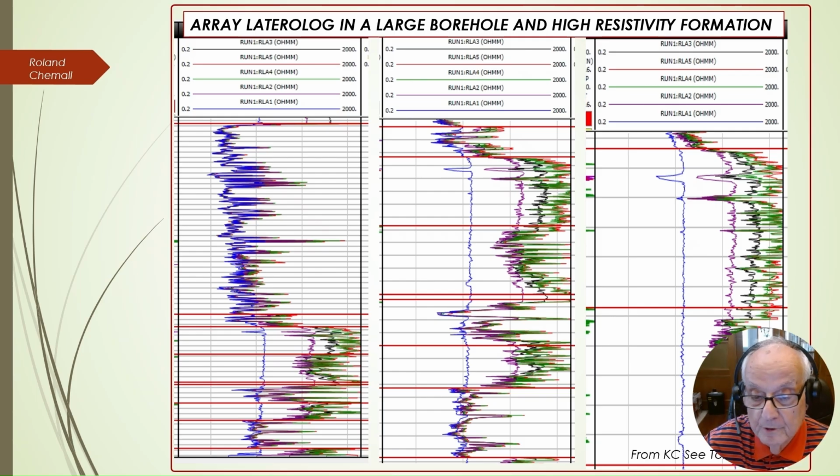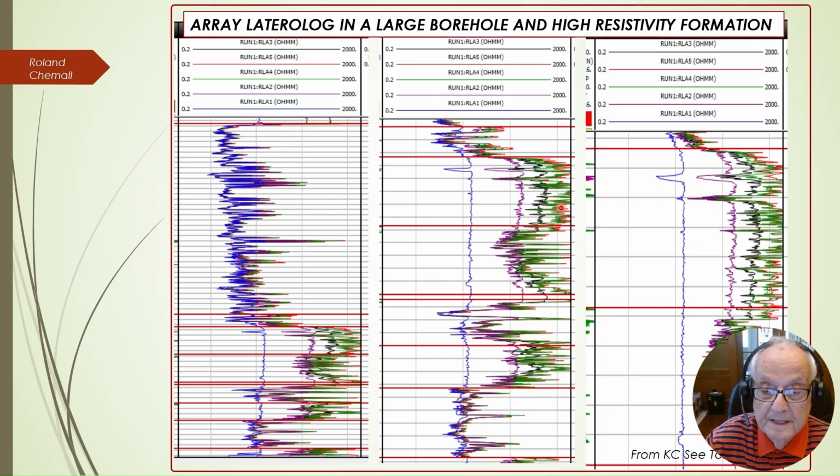So here is an example that my friend Casey gave me. In an array lateral log, you have multiple depths of investigation of the curves, and then you run an inversion. When you see a very shallow measurement, a medium measurement, and a deep measurement separate, that tells you that you have invasion and that you will need to do some serious processing to get RT.